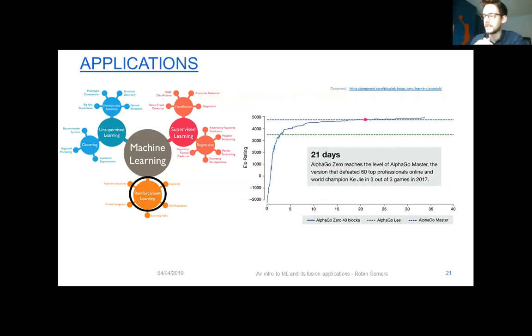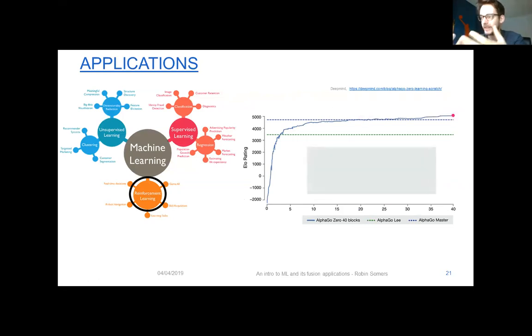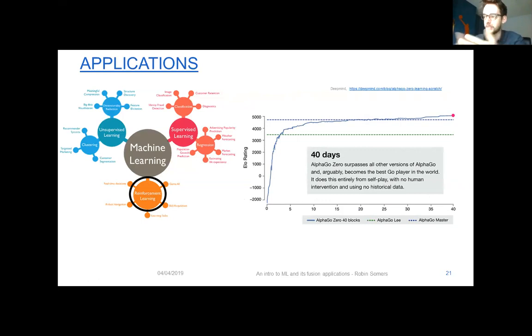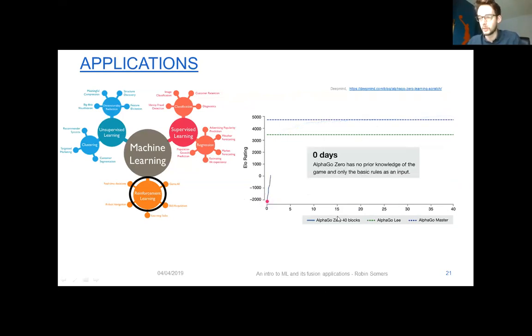And basically, there's no mathematical model to win the game. So one has to win by experience. And so you see, after 21 days of training, the algorithm, AlphaGo Zero, became the best Go player in the world. So it beats all of the humans that had 40 years of experience playing Go.